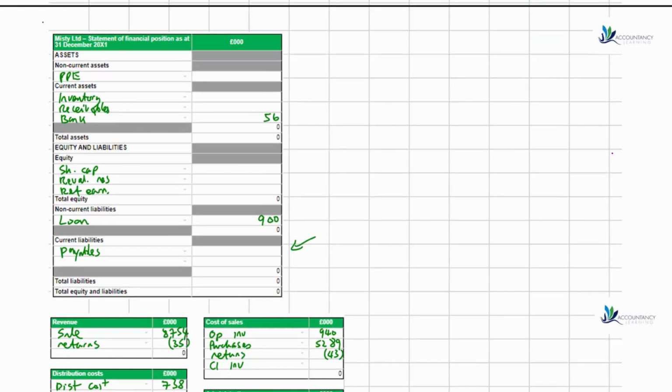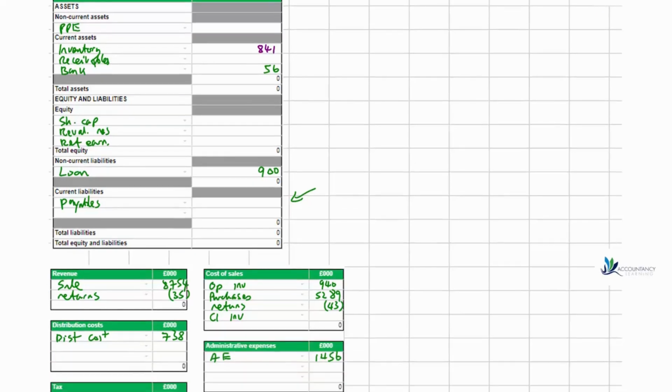So we have inventory of 841. Notice I'm using a different color now so that when you're watching this video, you can differentiate between the numbers that appeared from the trial balance, those are in green, and the numbers from the adjustments, which are in purple. Okay, so there's our debit, but we also need to have our credit as well. We're going to be crediting cost of sales.